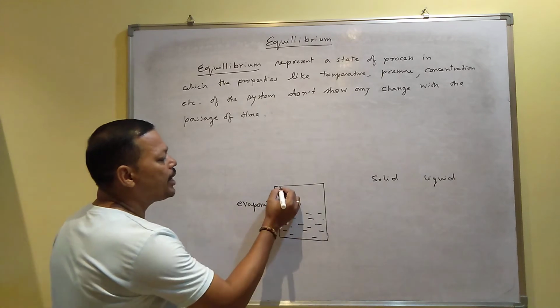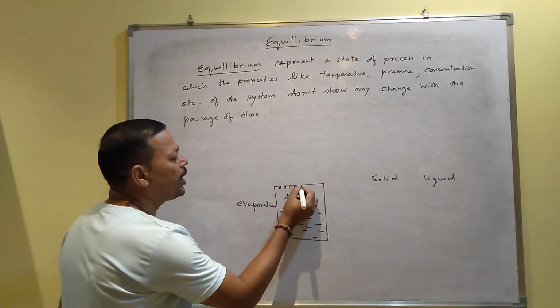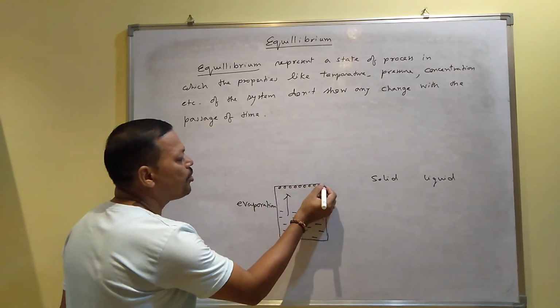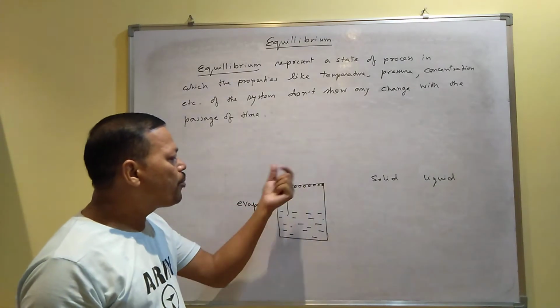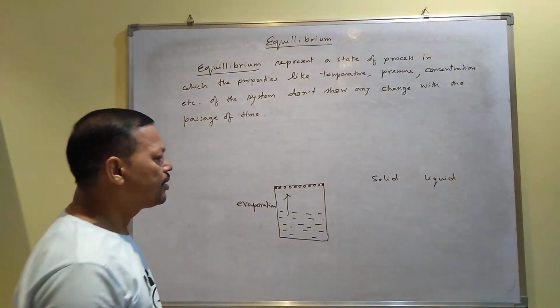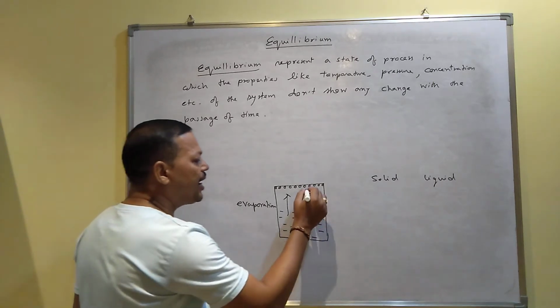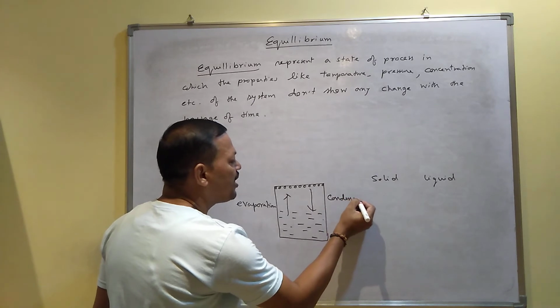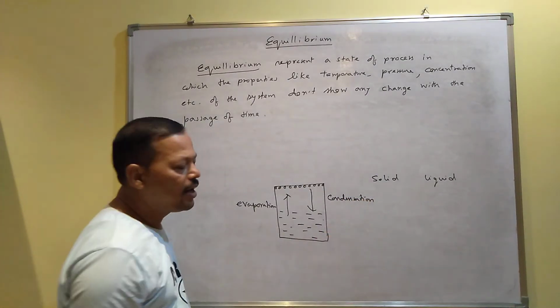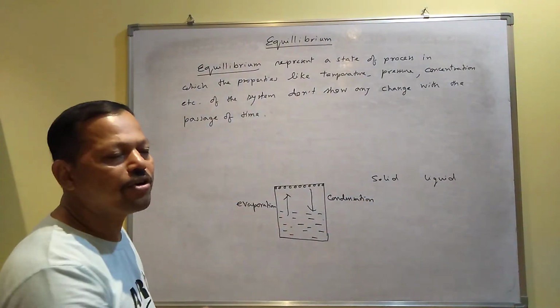That is why the evaporated molecules collect at the top of the container like this. Now as the number of evaporated particles increases, what happens? They again undergo condensation. I mean both evaporation and condensation take place.